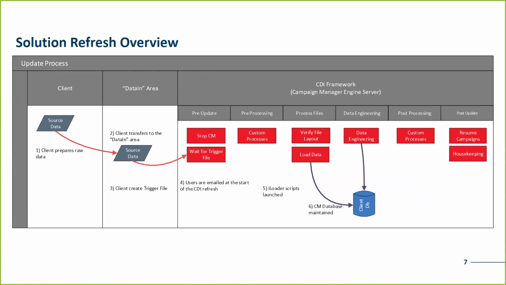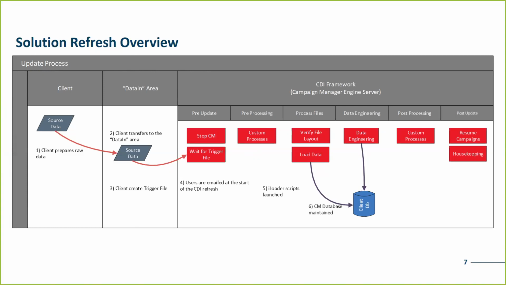We will then do some pre-checks, so we will stop Campaign Manager. We will pause all campaigns that are running, and we also wait for a trigger file up until a certain point, so that we don't partially load partially transmitted data.